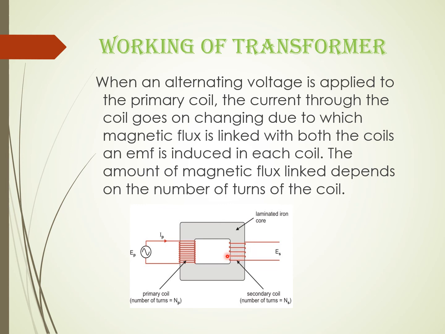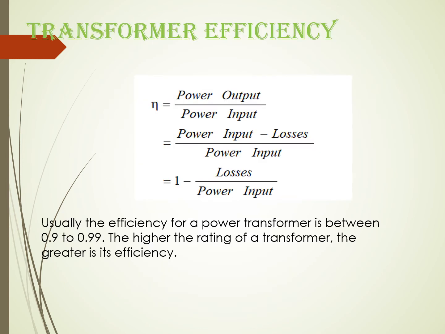The amount of magnetic flux linked depends on the number of turns of the coil. If number of turns are more, magnetic flux linked will be more, and more amount of EMF will be induced. So on this basis, transformer works.